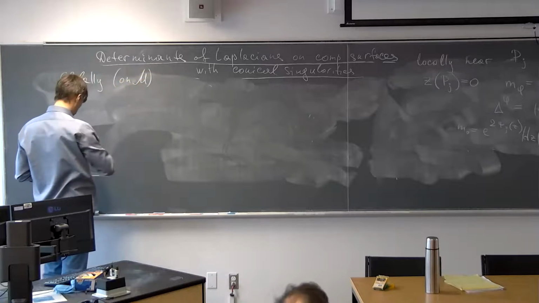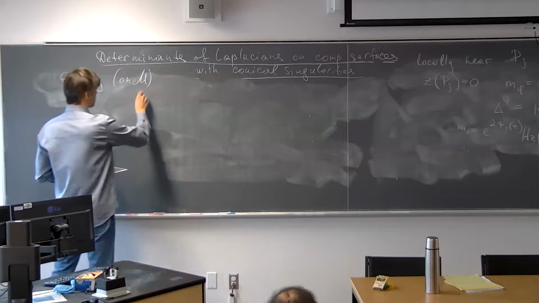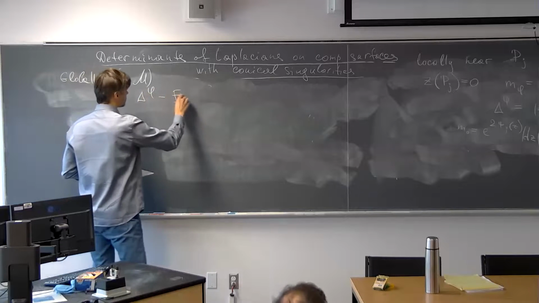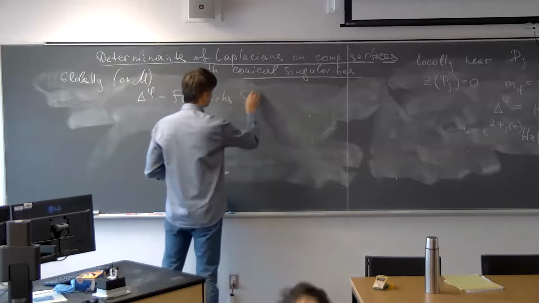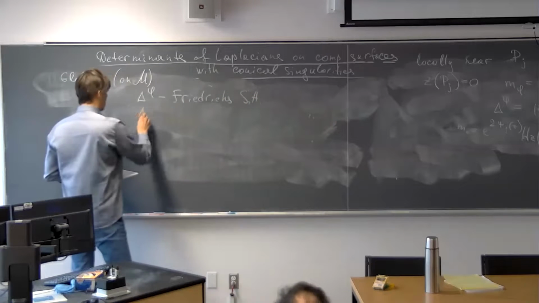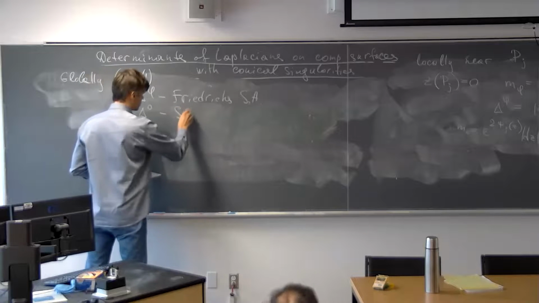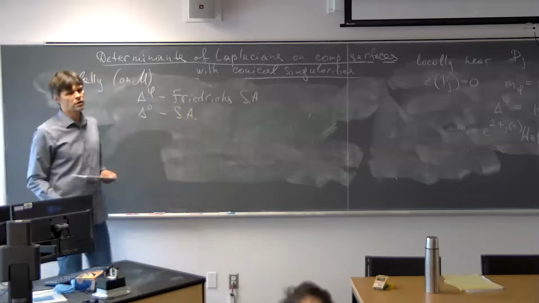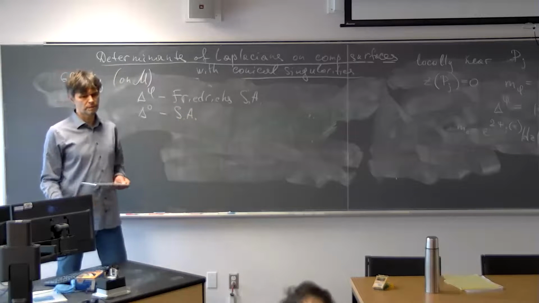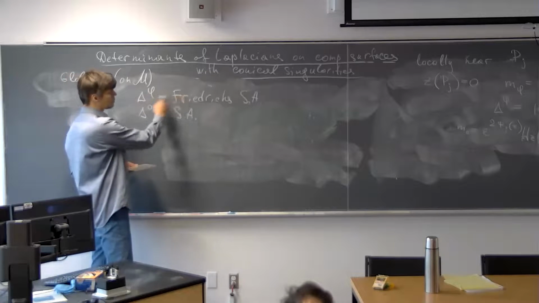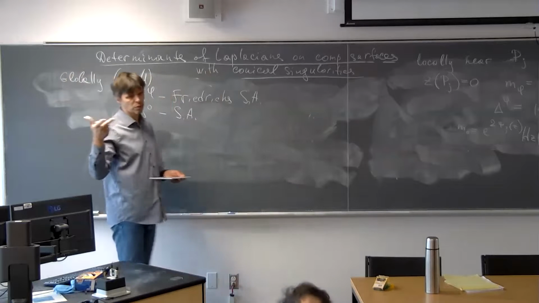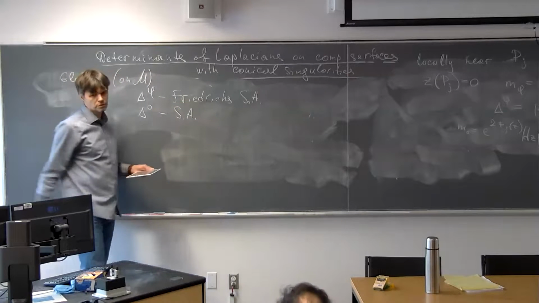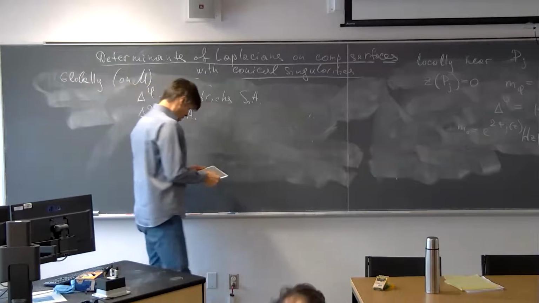Globally on the surface, this is the Friedrichs self-adjoint extension, and delta naught is simply the self-adjoint extension of the corresponding Laplace-Beltrami operator. For conical singularities in general there are many self-adjoint extensions, so we have to pick one of them. This is the standard choice.